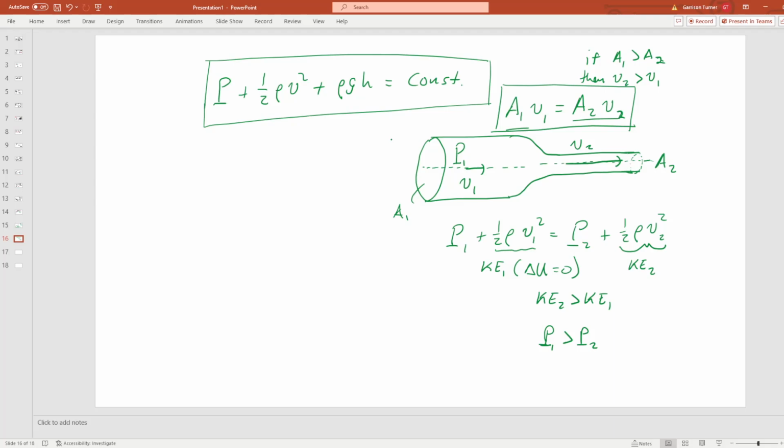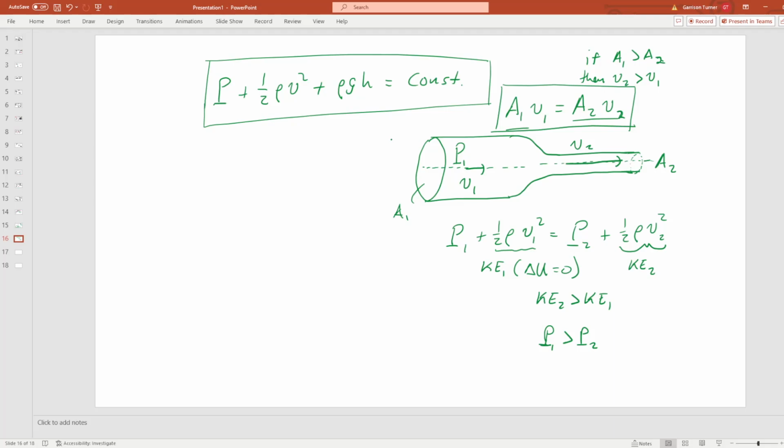So there you have the continuity equation and you have Bernoulli's equation, and as far as actual fluid flow goes, these are two of the most important equations out there with fluids. These are your starting points for a number of higher order and more complicated situations.